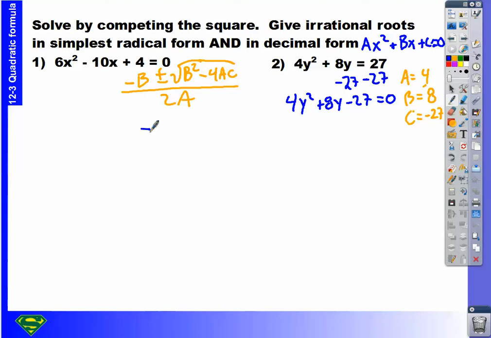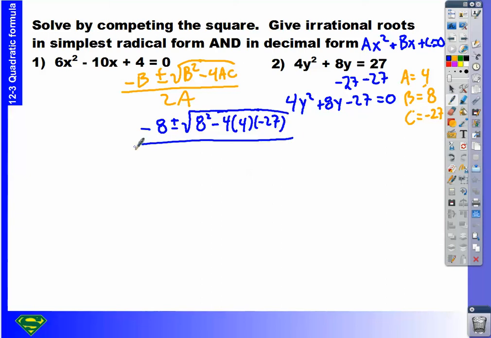So now let's plug these in to the formula. So we have negative, our b value is 8, plus or minus the square root of 8 squared minus 4 times 4, that's our a, times our c value. And that's all over 2 times our a value, which is 4. So now let's multiply what we can multiply.